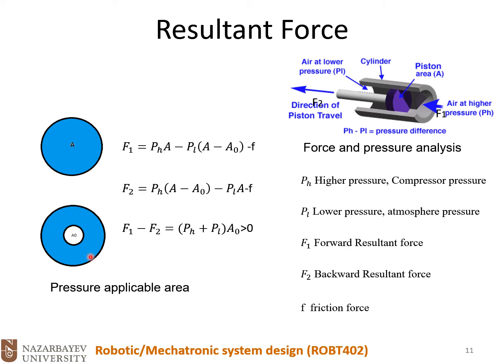This is the applicable area on the left side. A0 is the cross-sectional area of the rod, and that should be deducted from the whole area. And we also have friction between the piston and the walls of the cylinder.